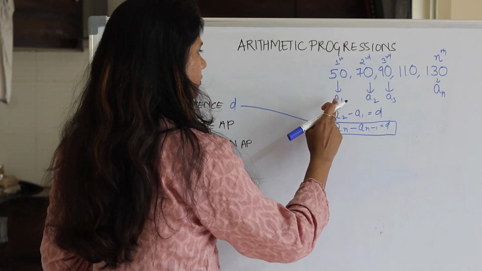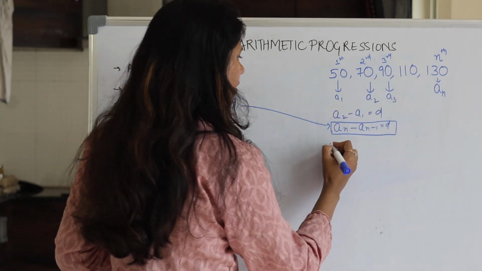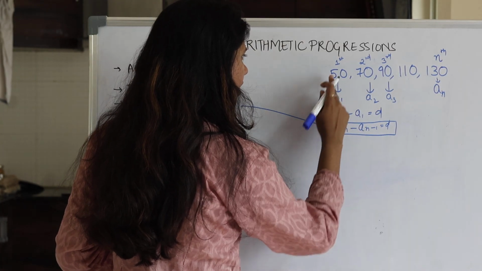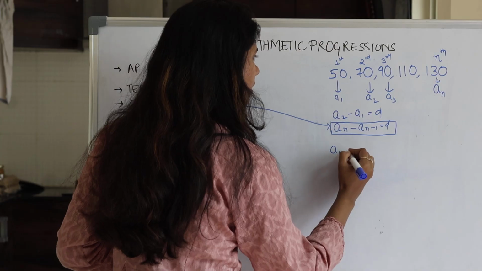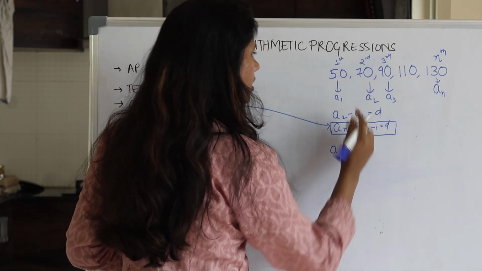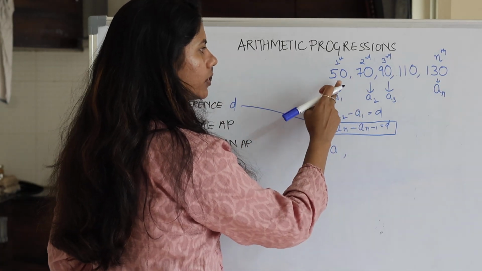So A1, A2, A3 and AN can be written as follows. Because the base term is A, the first term is A. The second term A2 is obtained by adding D to the first term.